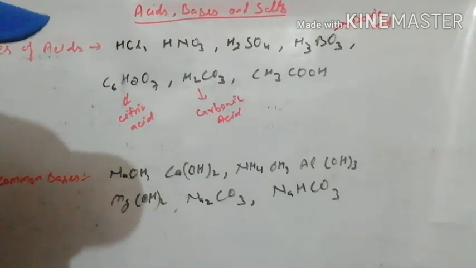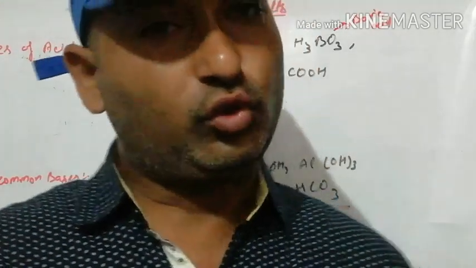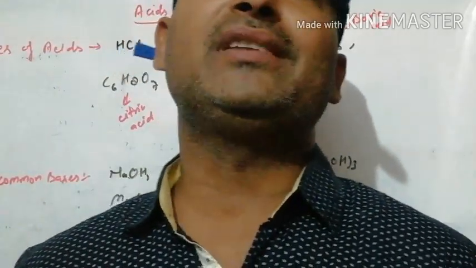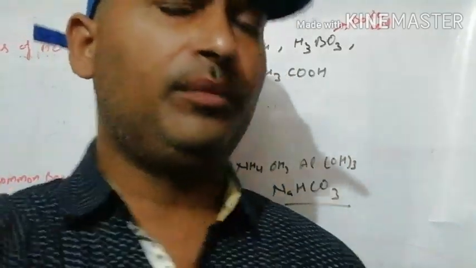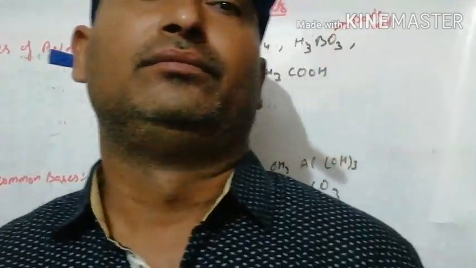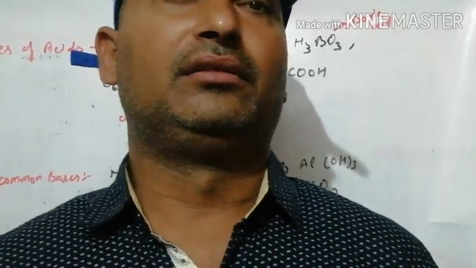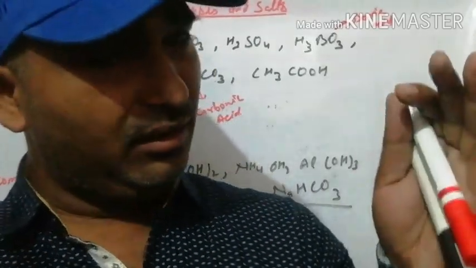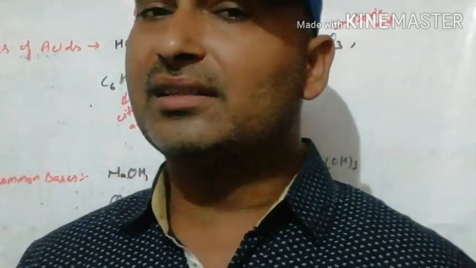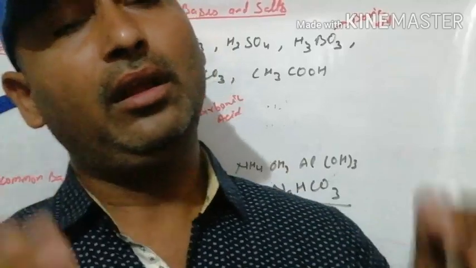Here you see hydroxide is not there. There are two types of base: first, those which dissolve in water, forming an aqueous solution, and those which do not dissolve in water. In class 10th we will discuss only those bases which dissolve in water.